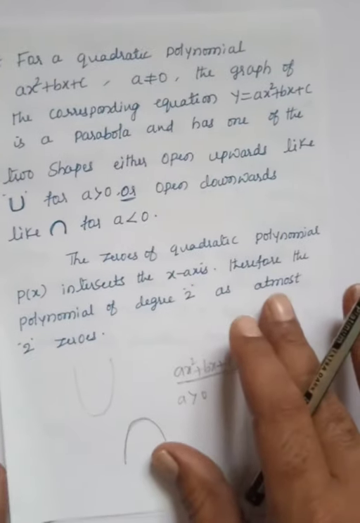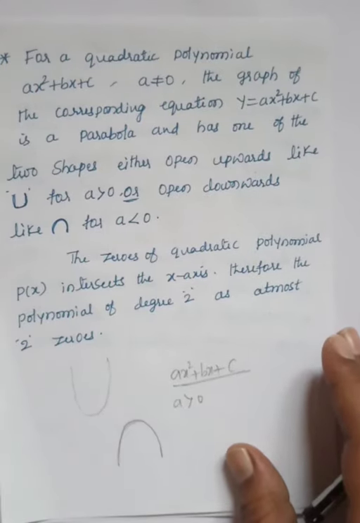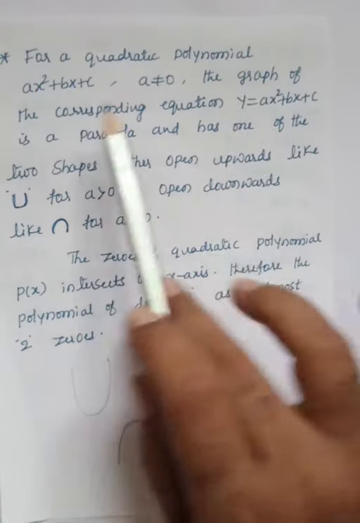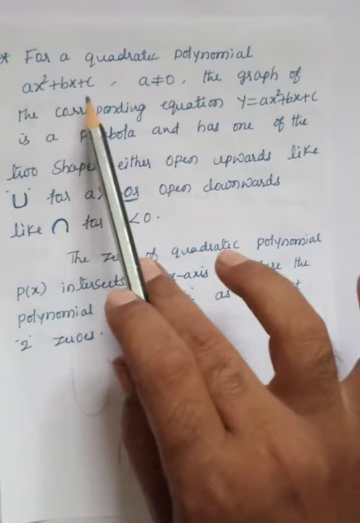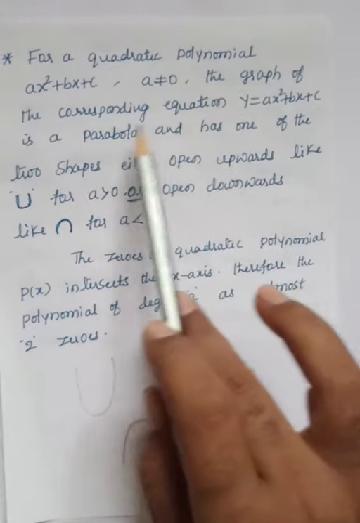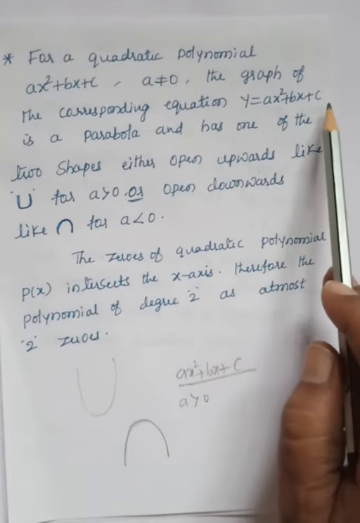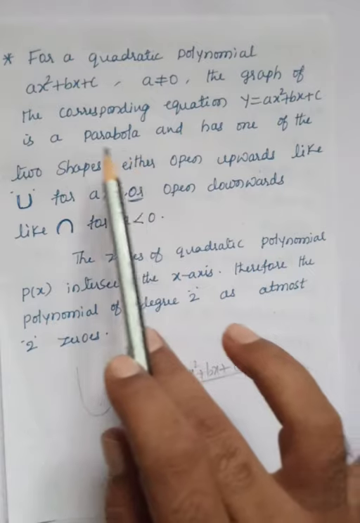For a quadratic polynomial ax square plus bx plus c, where a is not equal to 0, the graph of the corresponding equation y is equal to ax square plus bx plus c is a parabola.